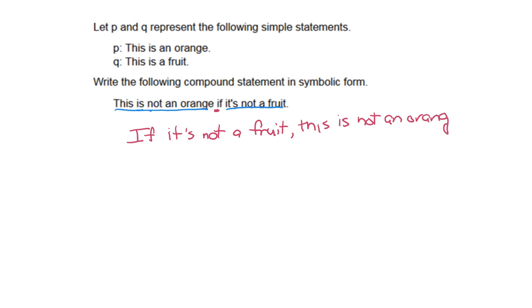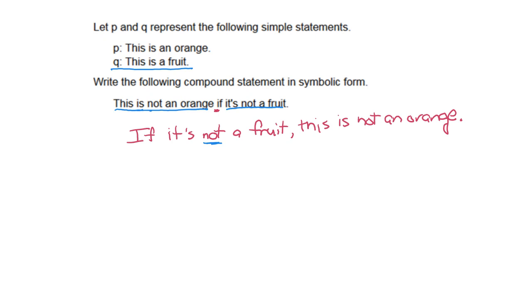Now, the original statement is not written incorrectly. It is correct to write it that way without the comma. But what you need to do is be able to identify on your own that you have a conditional here. In this case here, it says if it's not a fruit. So we know that we're looking at the Q statement about it being a fruit.